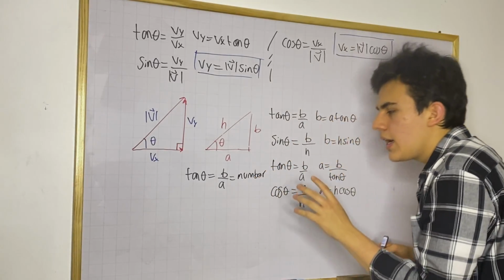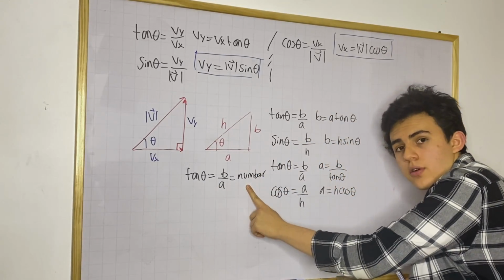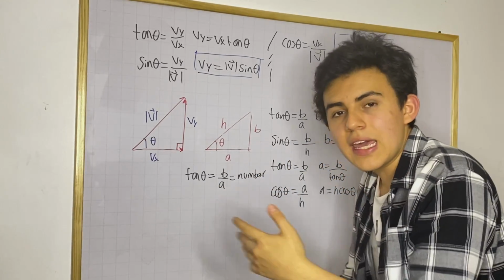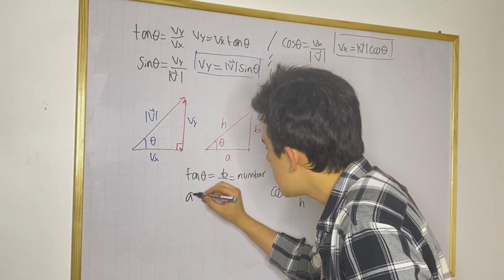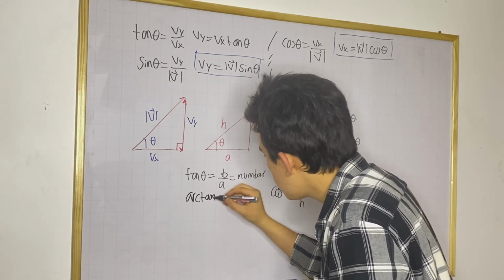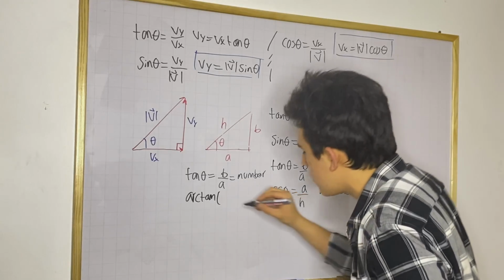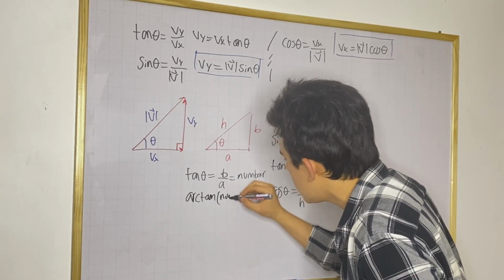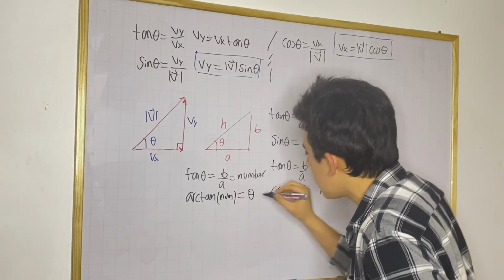If you want to find what value of theta is going to give me this number, then you can use the inverse tangent function, which we call arctangent. That looks like an N, but it's supposed to be an N. Arctangent of that number. So you're squishing that number in there. I'm going to say num, and this should be equal to theta.